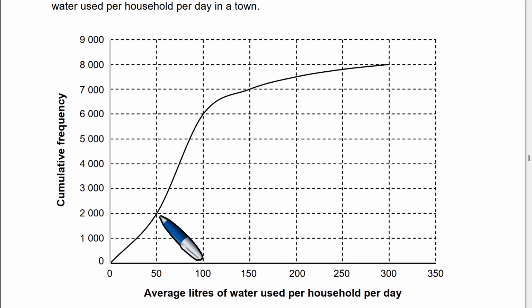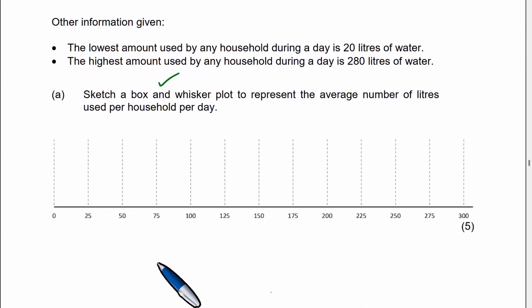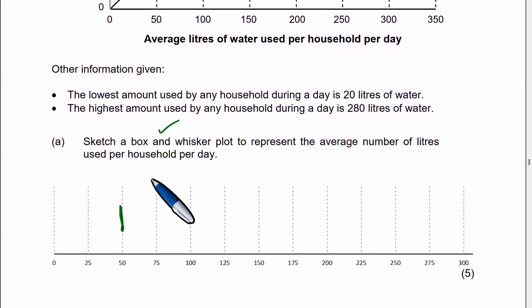So that means that you're at 200, and at 200 you would have 50 as Q1. So which means that your box and whisker plot is going to cut like this.